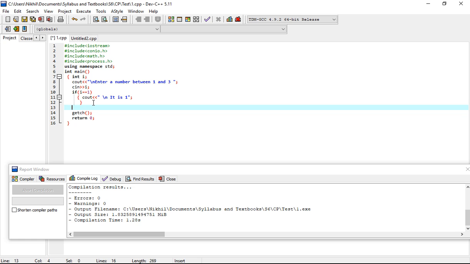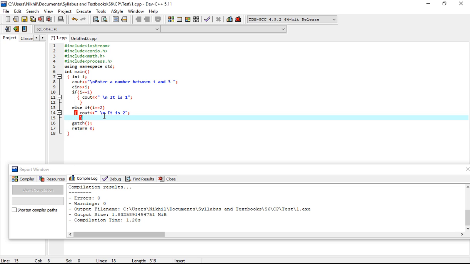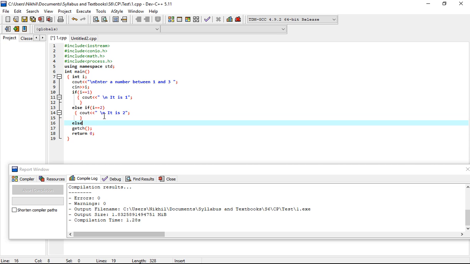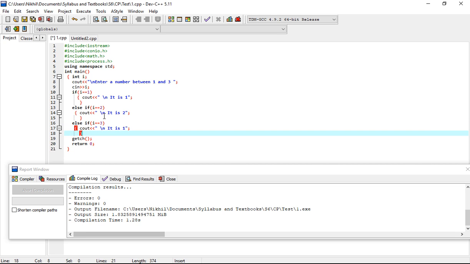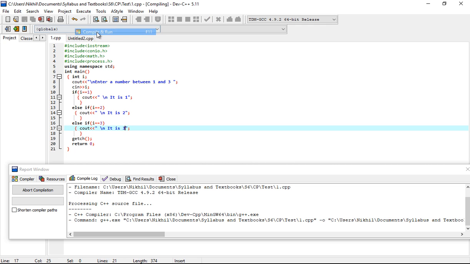And then it will be else if i equals 2, and then we'll have it is 2. Then we'll have one more else if i equals 3. The same thing will happen again, but this time it will be 3. Let's execute this program.